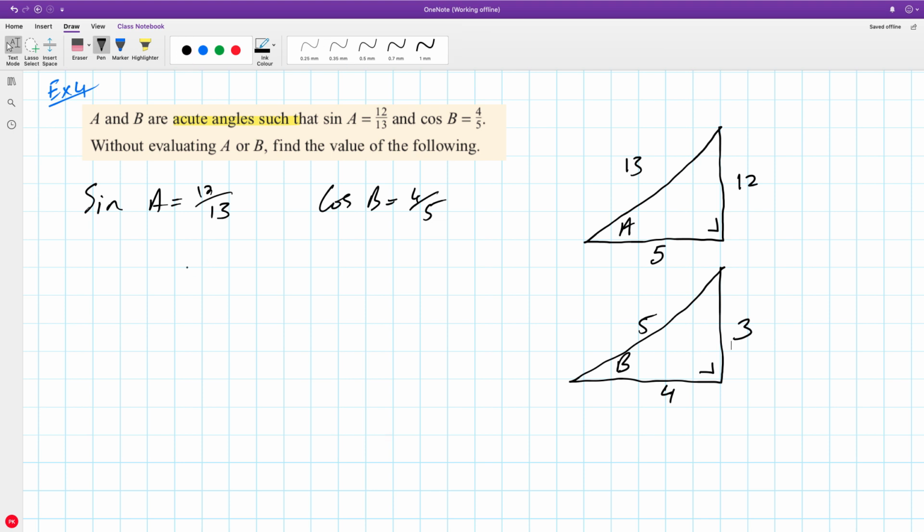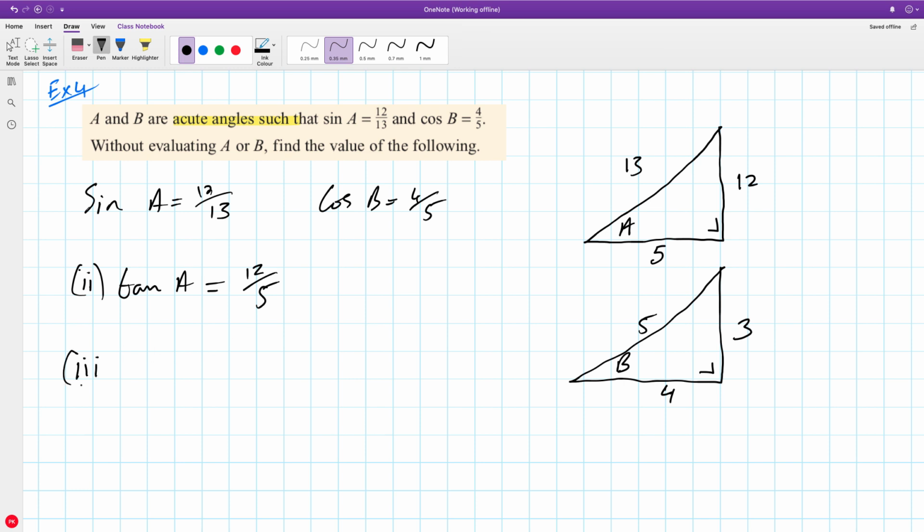Right, so with that in mind, get me the tan of A. Tan of A is 12 over 5.